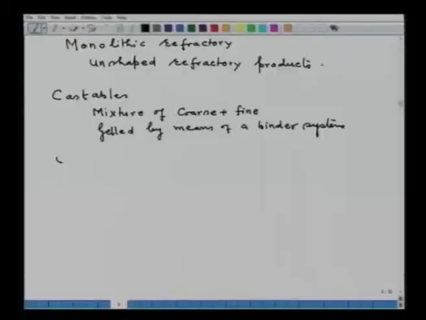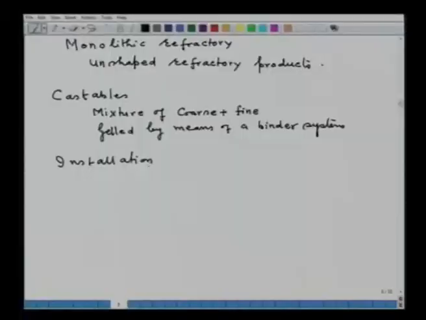Then they are installed. Now, because castables are in a sort of powdery form, some binder is added so that it can provide strength. Now, you have to install it, so there are certain methods of installation.